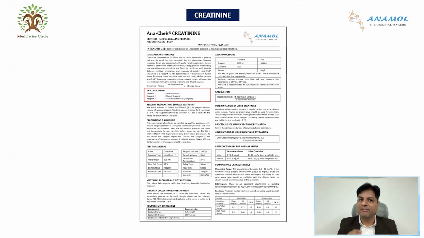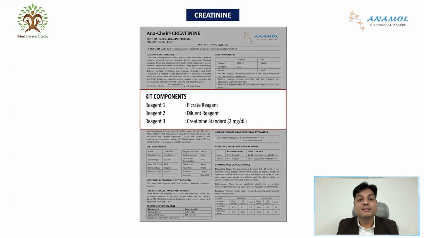So let's dive deep into what information we need to follow or understand. The first information that we need to understand is the kit components. Friends, whenever we buy a diagnostic kit, when we open the box, there are certain components given inside the box.